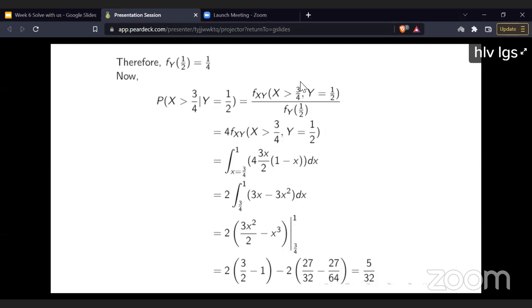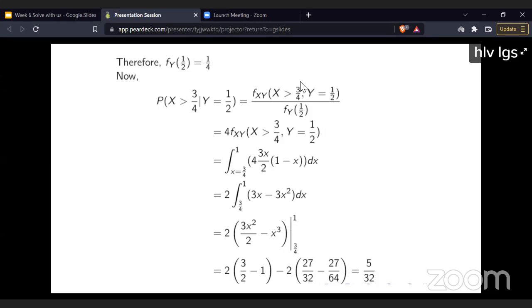Fy of 1 by 2 is 1 by 4, and when it is in the denominator, the 4 is multiplying. That's simple. Now, similarly, you will get a function in x, and you can integrate this function over x, with the limit of x from 3 by 4 to 1.